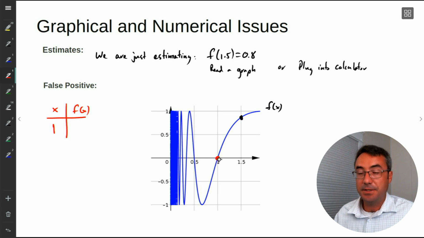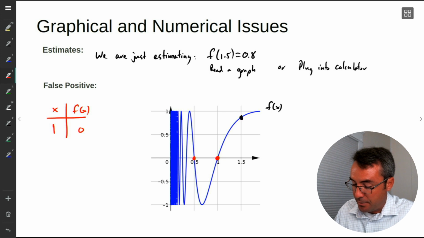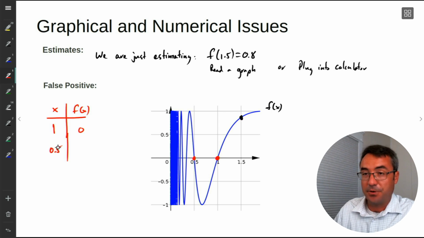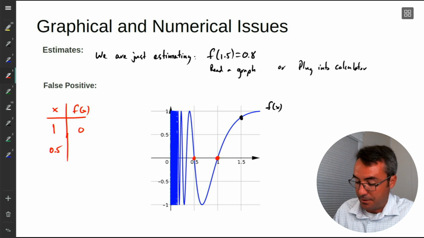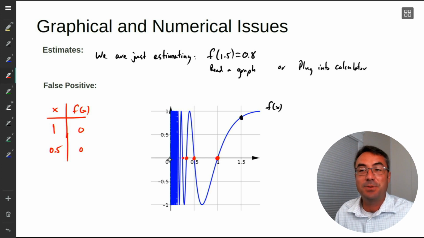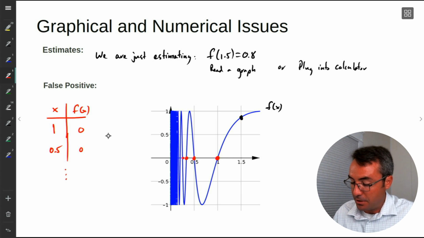Well, the height is 0, so the function value would be 0 there. I might pick this point right here, 0.5, and so far this seems very plausible. And then I also see 0 here. And then as I keep picking, I might have just gotten really unlucky and hit all the places where the function is 0. So I might conclude the limit of this function is equal to 0 as x approaches 0.